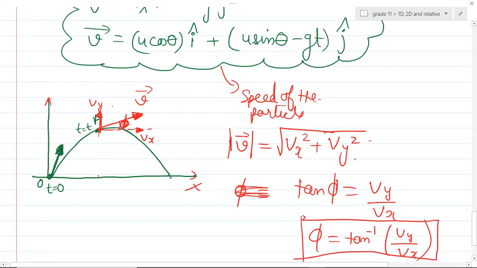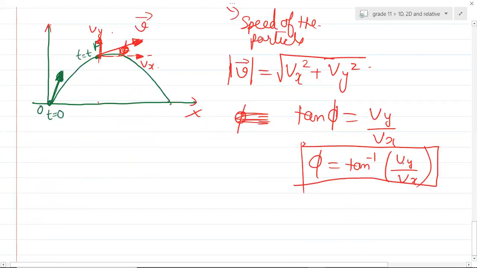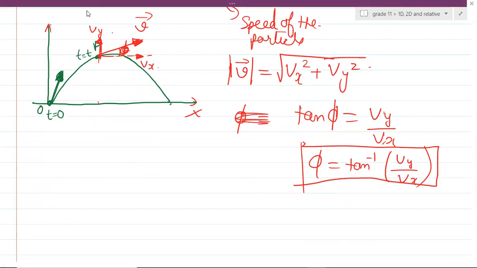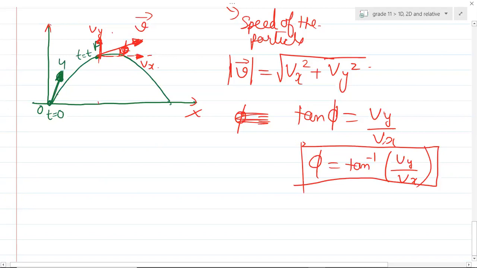It's not necessary to write it like this. You can calculate Vy and Vx, try to express in terms of tan theta and then compare. This is also one of the methods. We have to find the angle only, so this phi is the angle which the velocity vector makes with the horizontal.